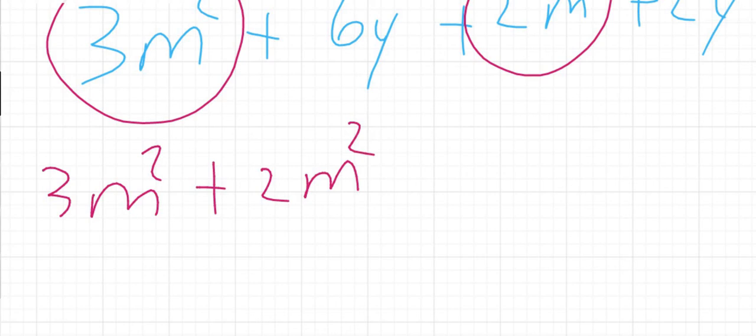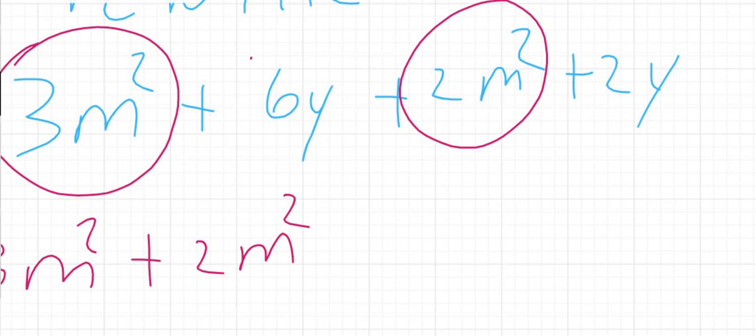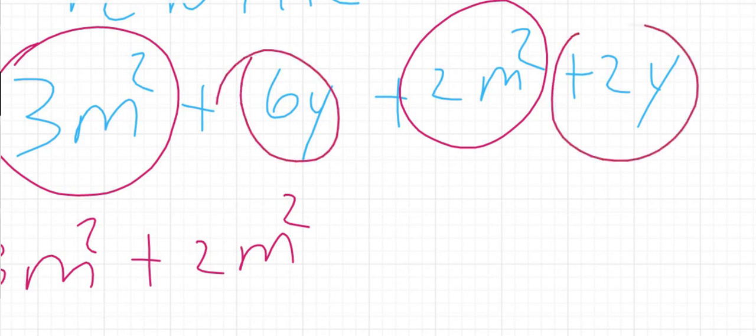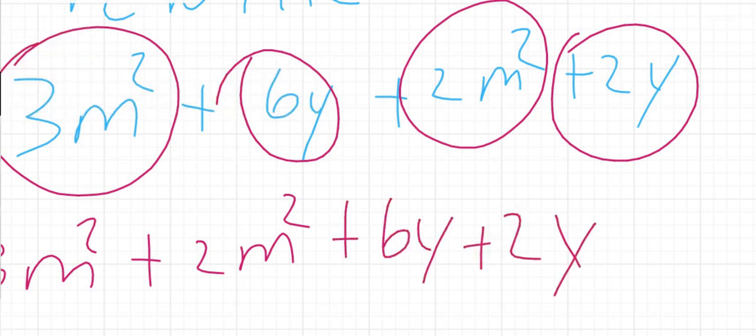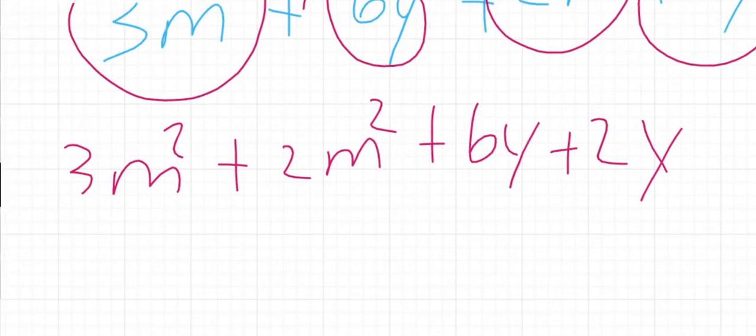When we look at the other like terms, we see that we have 6y plus 2y, and so those will be considered as like terms. This is what we do when we're simplifying algebraic expressions. We group the like terms and then we work them out depending on what mathematical operation we're seeing.